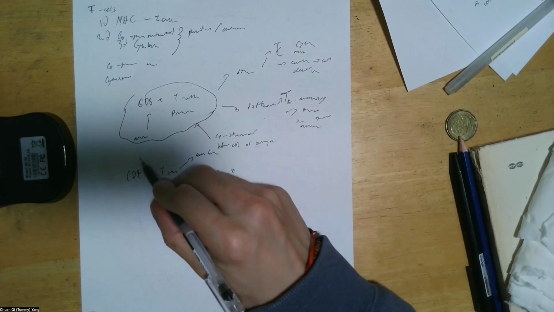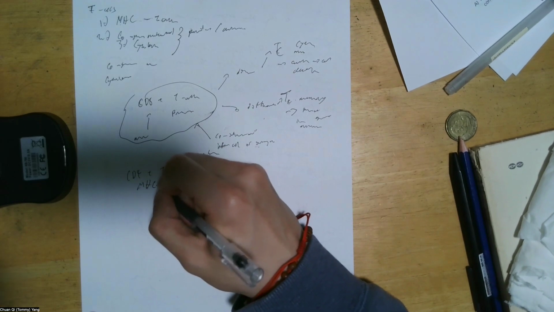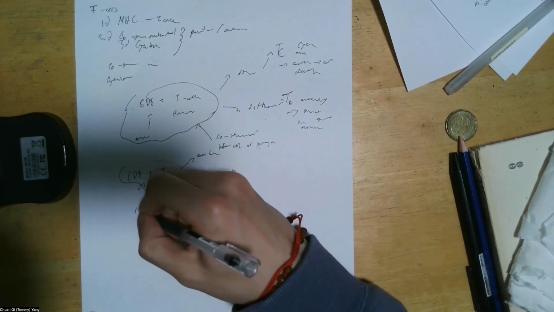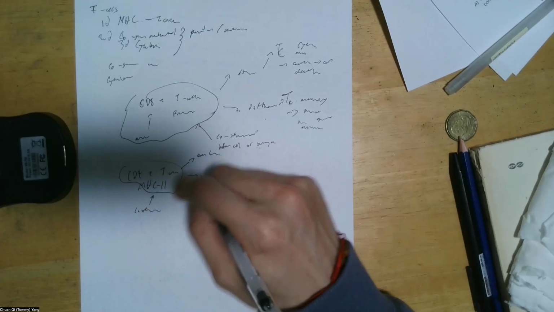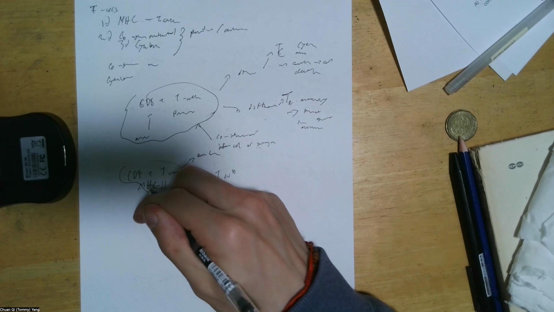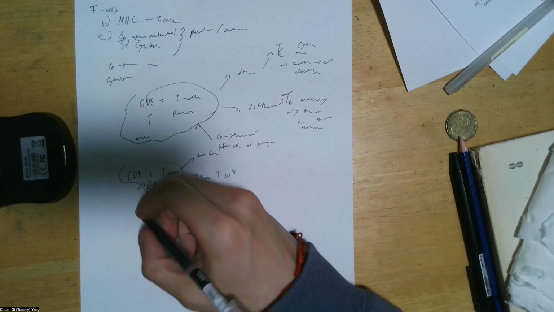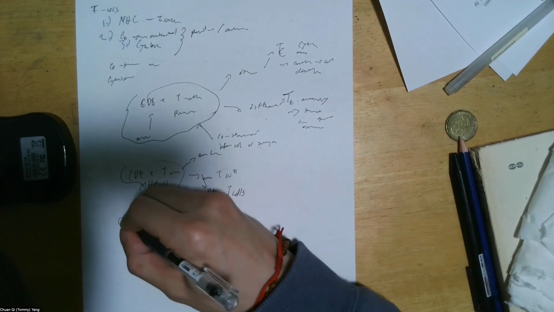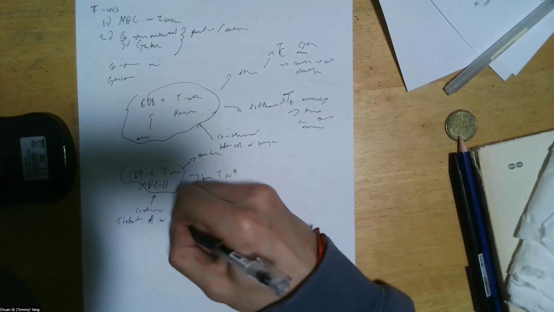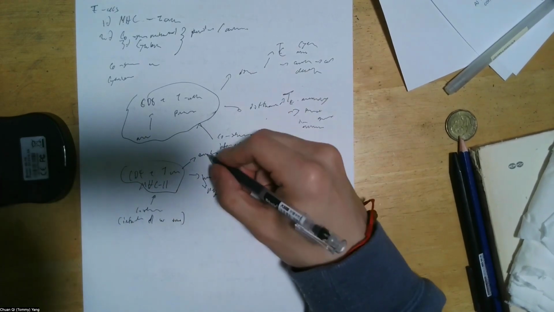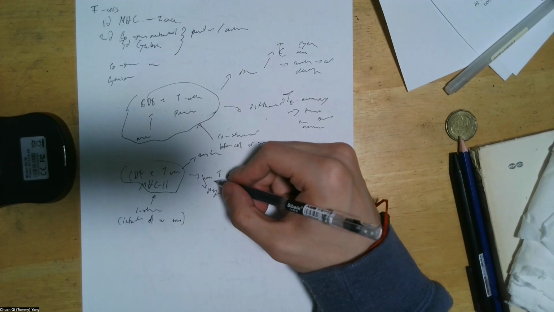So after being primed and presented with MHC2, it also needs co-stimulation, or a signal from the infected cell or from the environment, and then it creates cytotoxic T cells, memory T cells, and helper T cells.